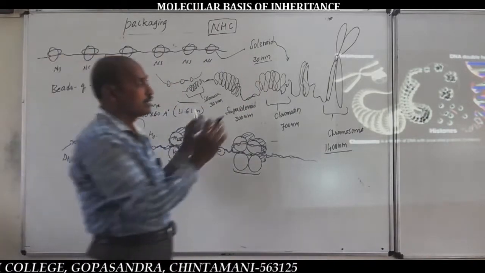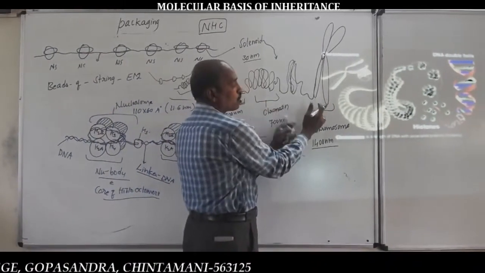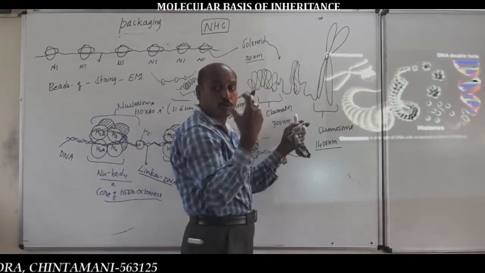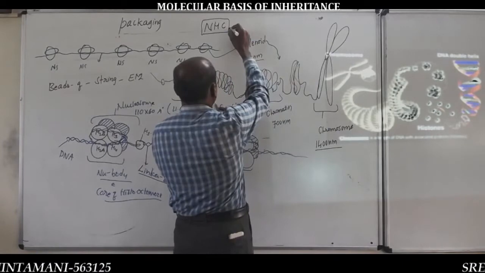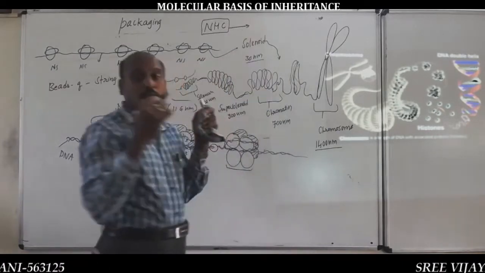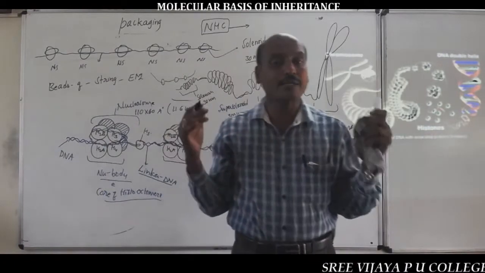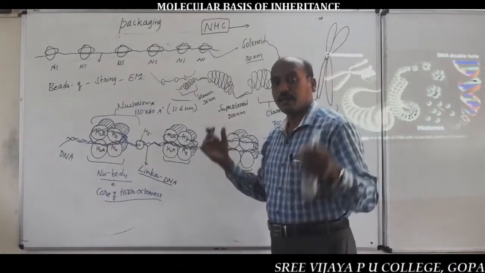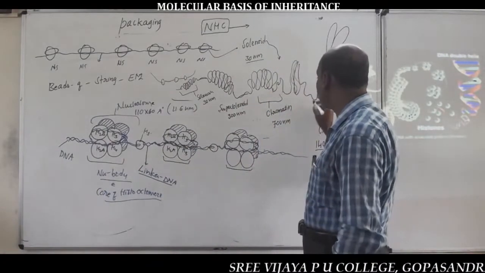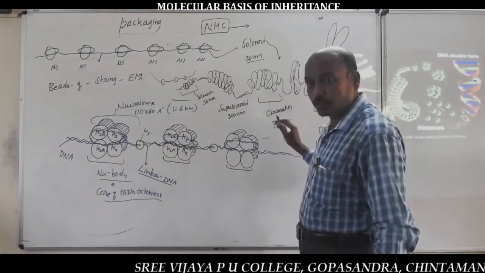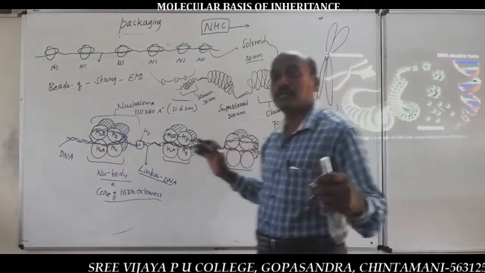Listen here: the formation of the chromosome at a higher level requires a group of associated proteins called non-histone chromosomal proteins. Such non-histone chromosomal proteins are responsible for the formation of a rod-shaped chromosome in metaphase of cell division.